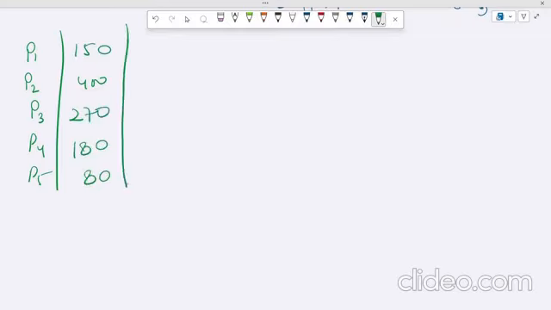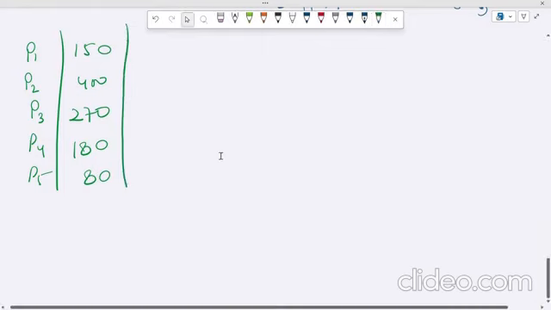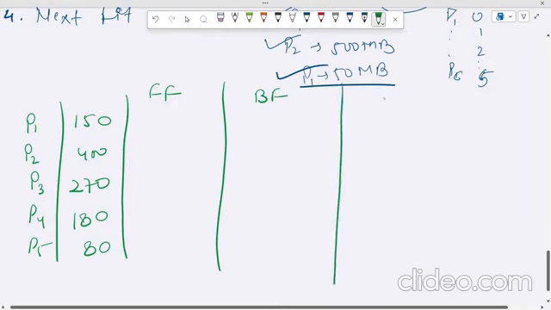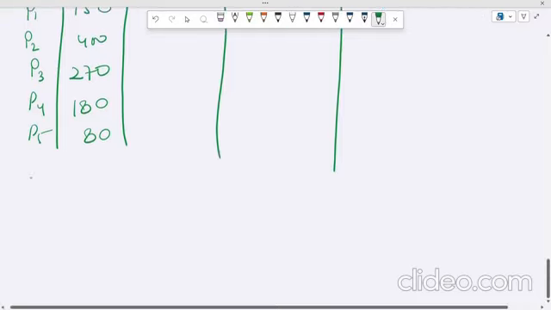Now, what you have to do is apply first fit, best fit, and worst fit. The space of main memory looks like 100 MB, 250 MB, 200 MB, 500 MB, and 300 MB.